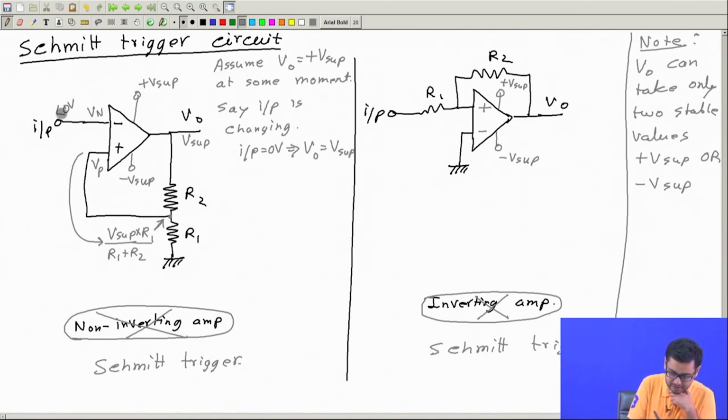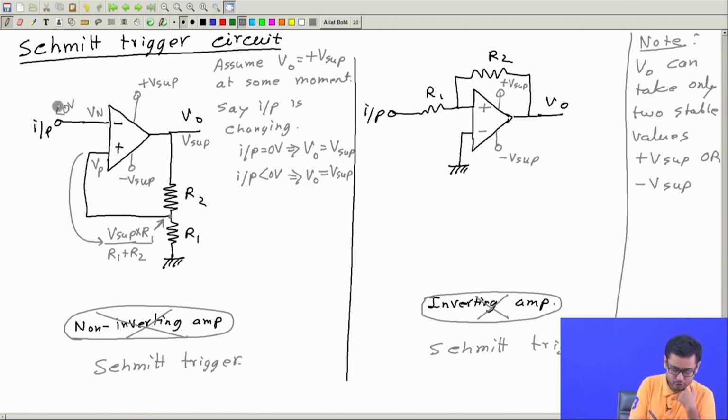Now, if I take input less than 0, so this is negative, this is positive. So, Vp is at higher value, and if Vp is at higher value, what is the output? Output is positive. Okay. So, then let me write input less than 0 will also imply output equal to V supply.